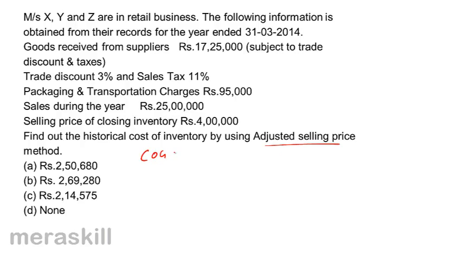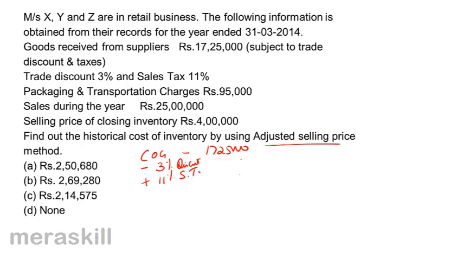What is the cost of goods? We take 17,25,000, less 3% discount, plus 11% sales tax.